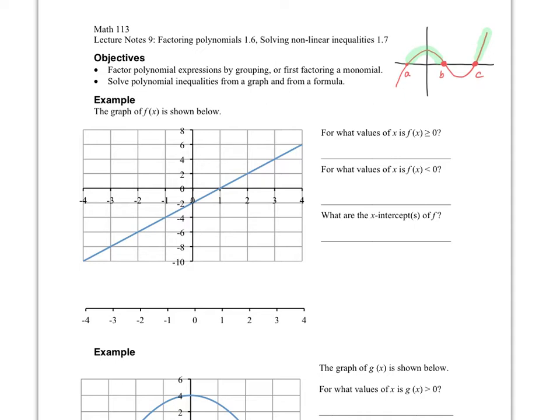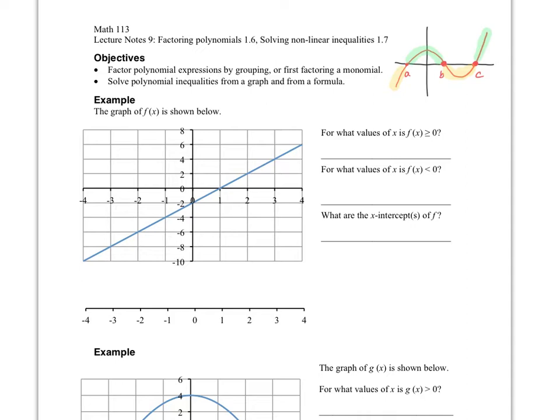It's not the same thing as increasing or decreasing. It's just straight out where this is positive or where this is negative. If I ask you where this is negative, well, that's just below the x-axis, so you can see this will be negative and this will be negative. Now for the answer, you're going to write in interval notation as usual, but as you can see, this is straightforward. If you have a graph, it's pretty easy.